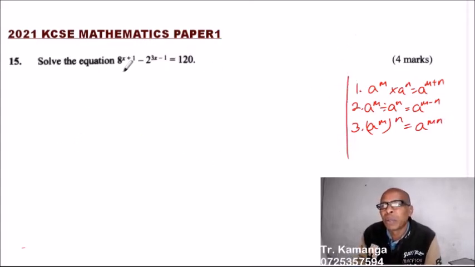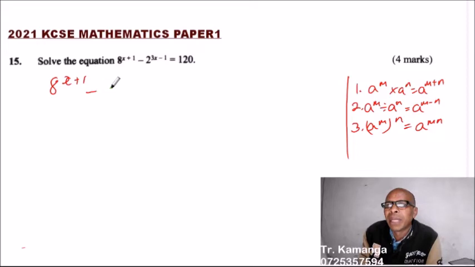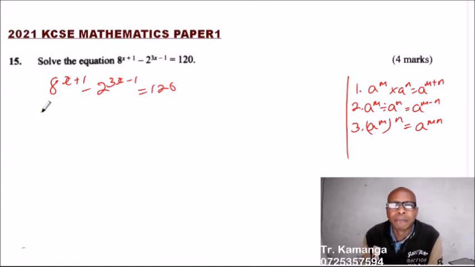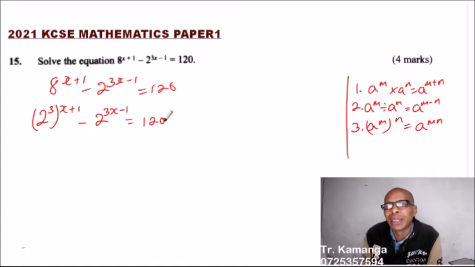Coming back to the question, we can write our equation here: 8^(x+1) minus 2^(3x-1) is equal to 120. Let's write 8 in terms of 2. 8 is the same as 2 cubed, raised to the power x plus 1, minus 2 to the power 3x minus 1, is equal to 120.